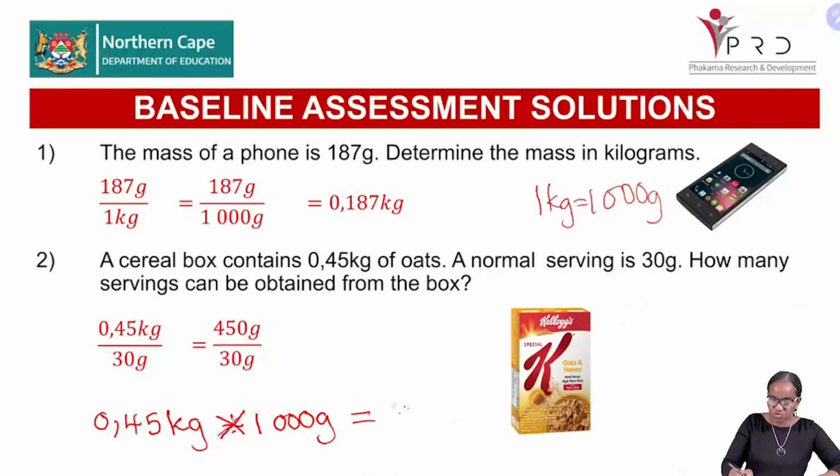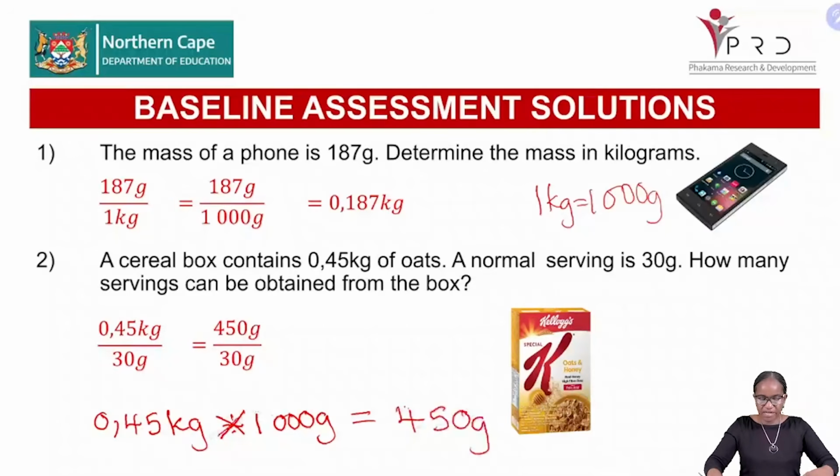But when we're changing to a larger quantity, we divide. So 450 grams, we divide by each serving, which is 30 grams. What do we get after punching our calculator? It's 15 servings. So one box contains 15 servings.